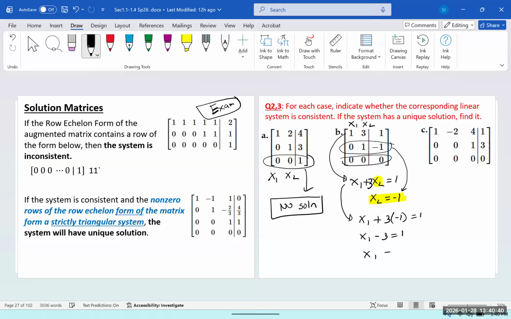Then what is x1? 4, because we add 3 to both sides. So you see, it's a unique solution. Unique means every variable has only one solution. Unique means 1, right? So the triangle gives us a unique solution. Each variable has only one number as its solution.